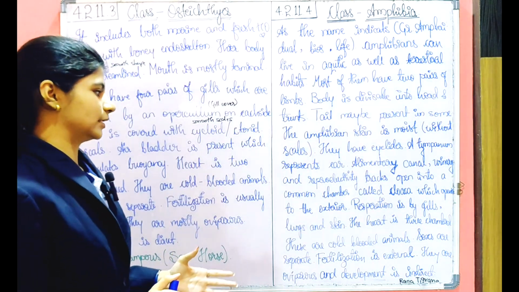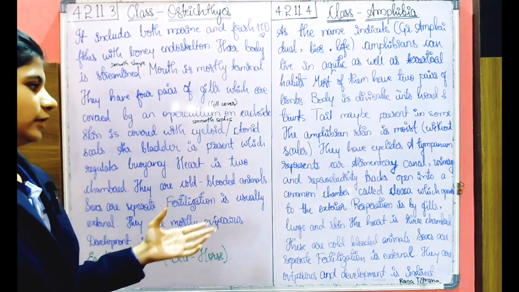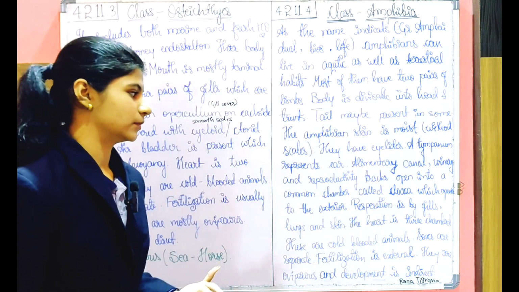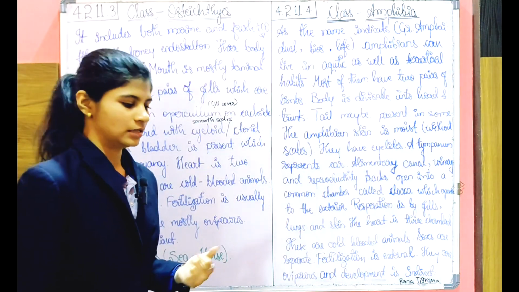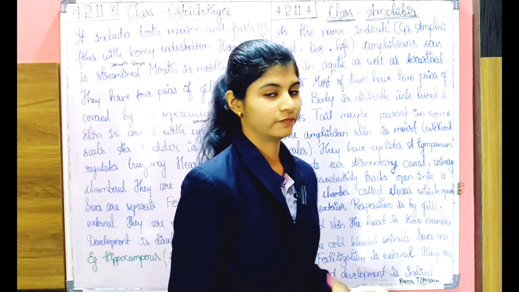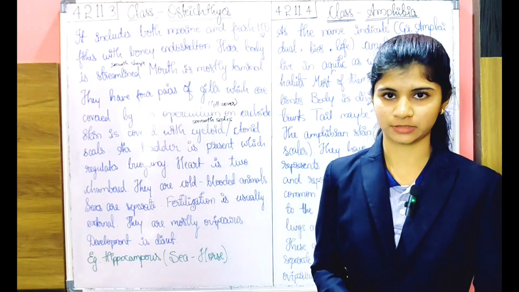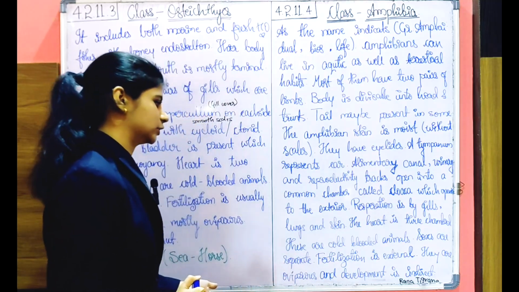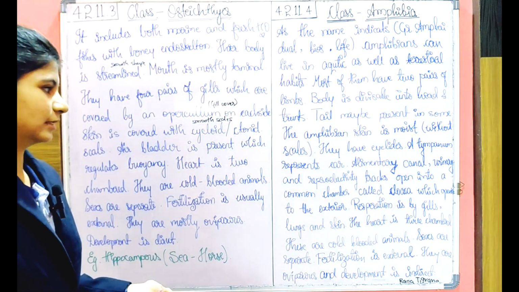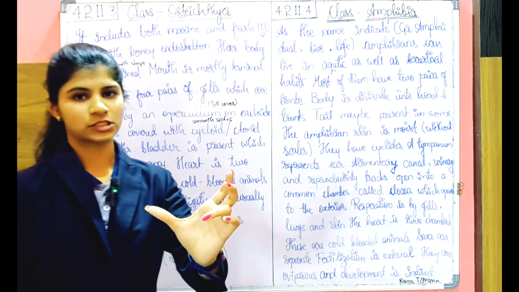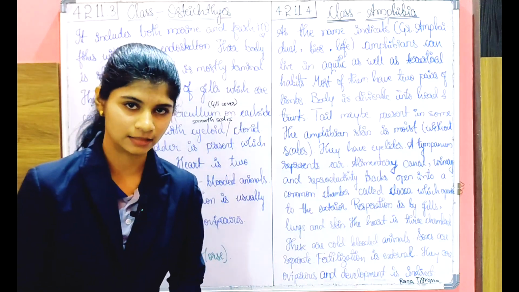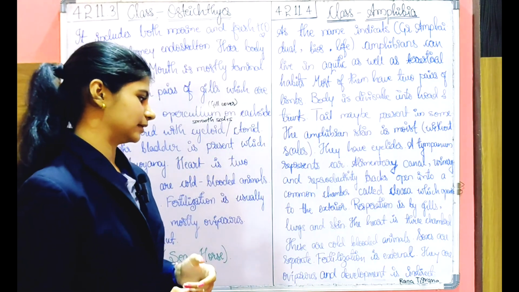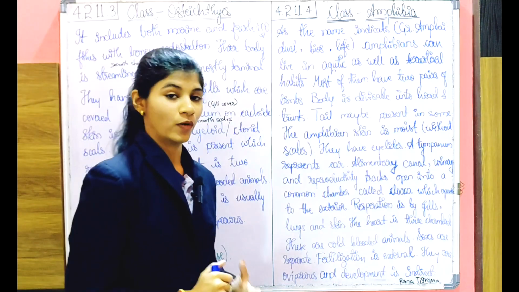The alimentary canal, urinary and reproductive tracts open into a common chamber called the cloaca. You will understand this deeply in another chapter, where you will get the whole process of the frog. Then respiration is by gills, lungs and skin.